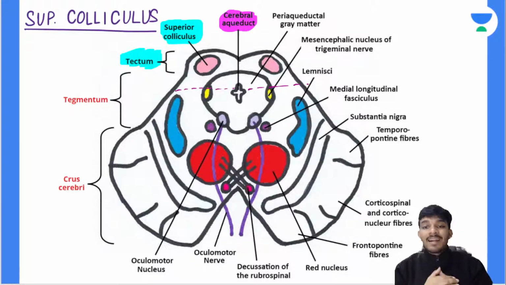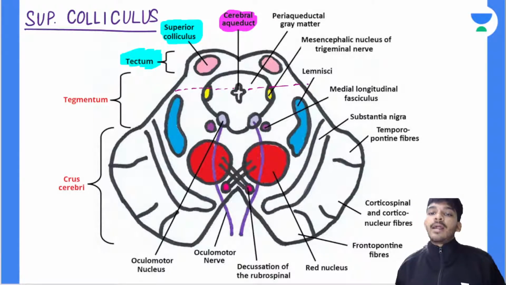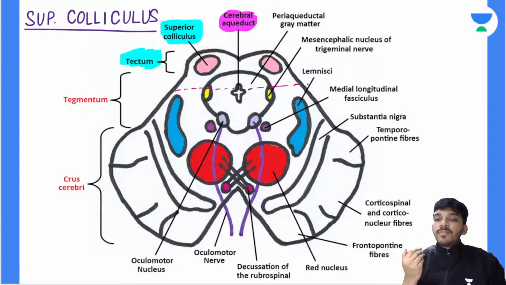and it will integrate all this and give rise to the tectospinal tract, right? So what is the use of the tectospinal tract? For example, you have to understand, let's say in your vision, you see that there is a car coming very fast. Immediately you will move away. Or let's say you see a puddle of water.